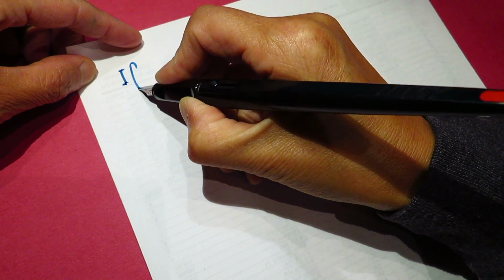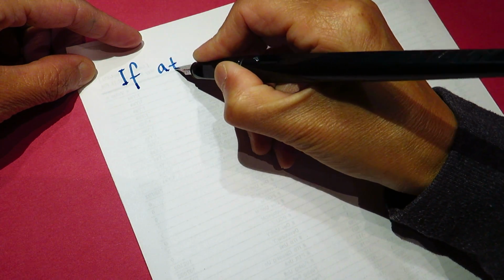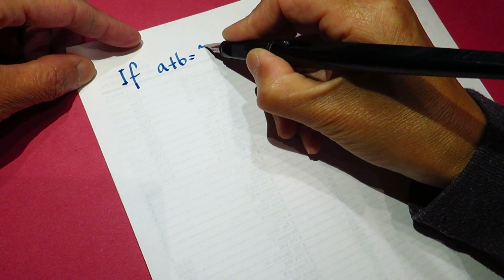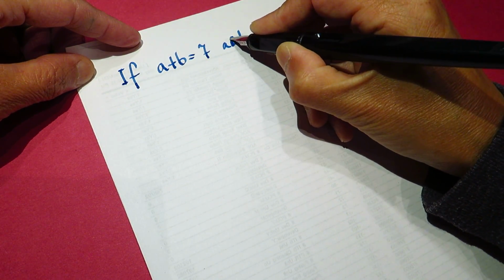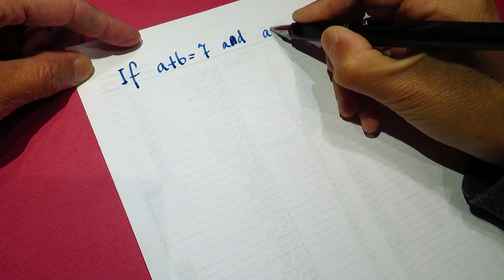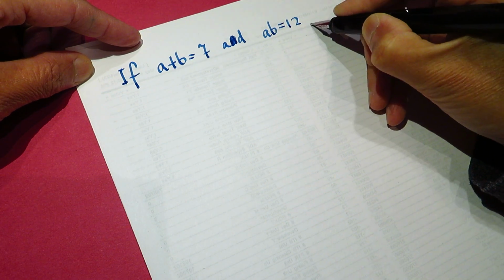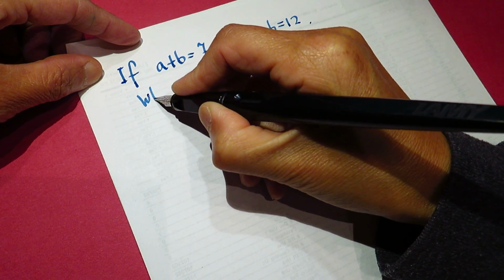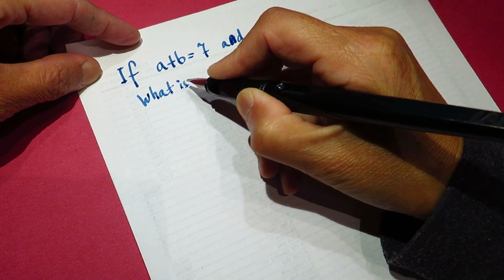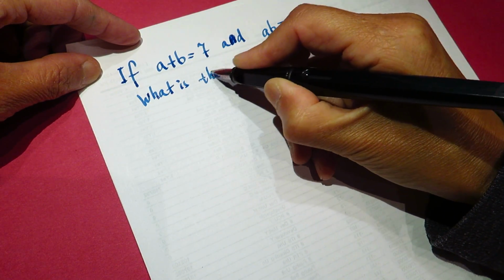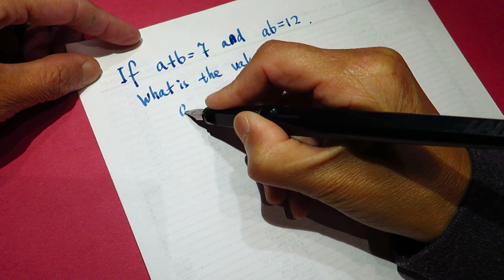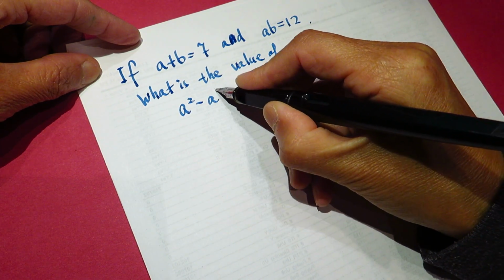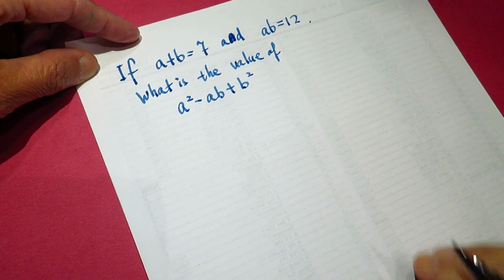Okay, another problem. If a plus b equals 7 and a times b equals 12, then what is the value of a squared minus ab plus b squared?